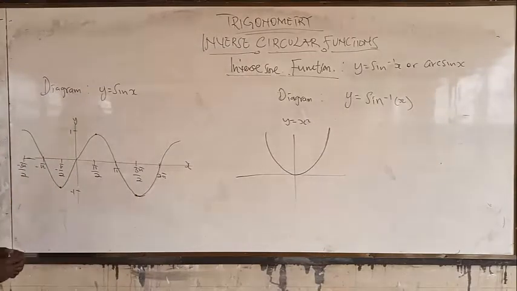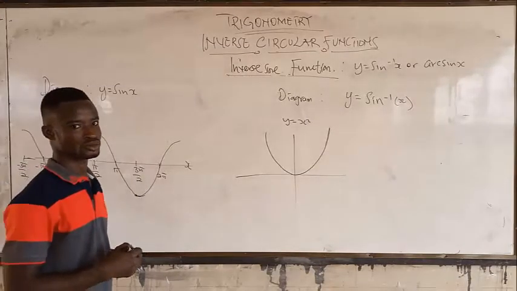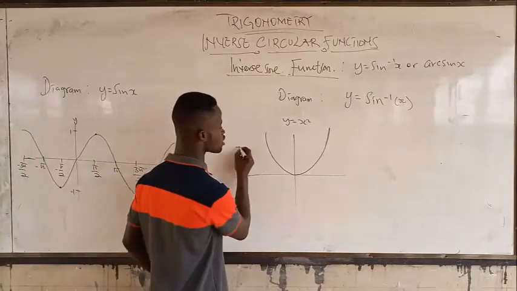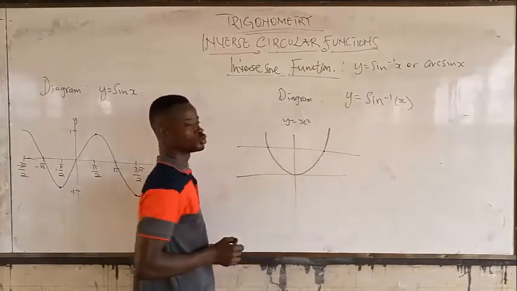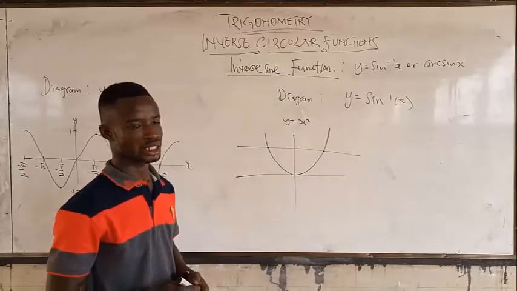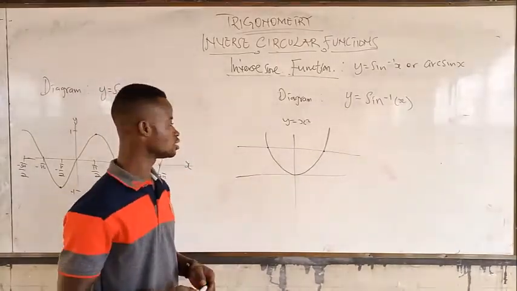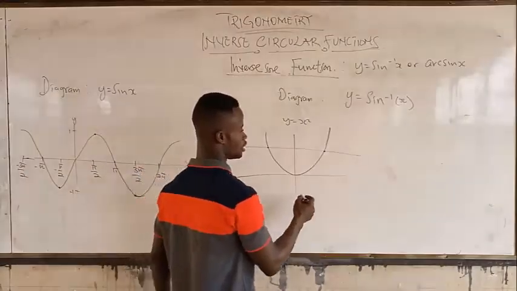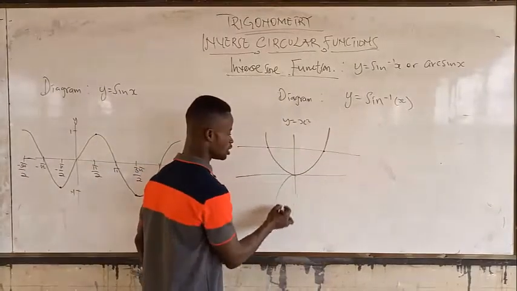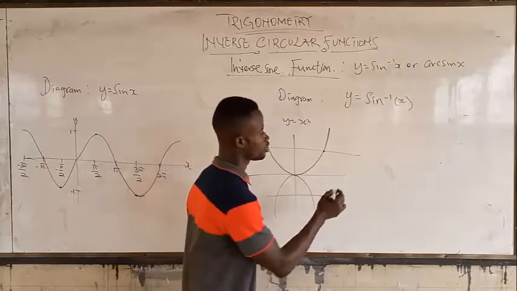Can we say that this is a one-to-one function? Now watch. When you draw a straight line here, it cuts 2 points. So this fails to be a one-to-one function.